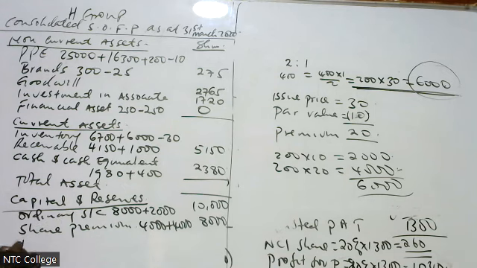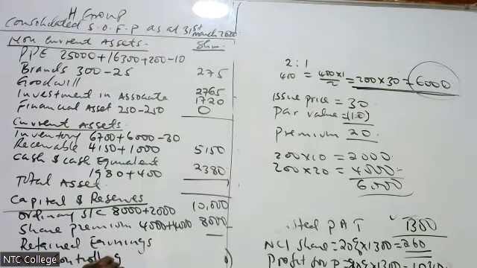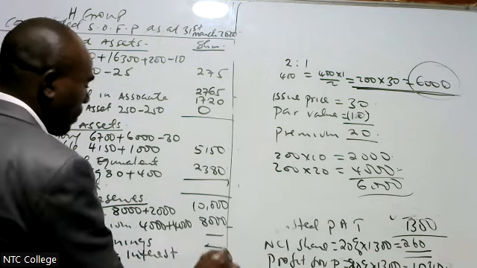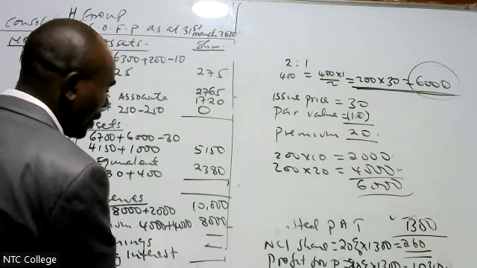Then I go to retained earnings. This one, I have not done the consolidated retained earnings. I put a dash. Non-controlling interest. I have not done non-controlling interest. I put a dash. Then I move on.